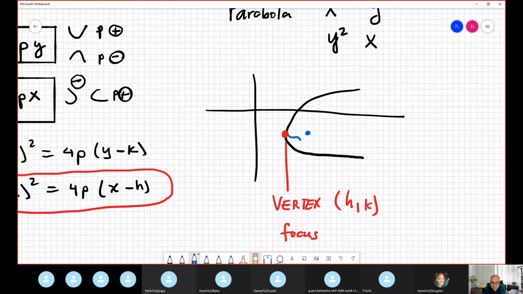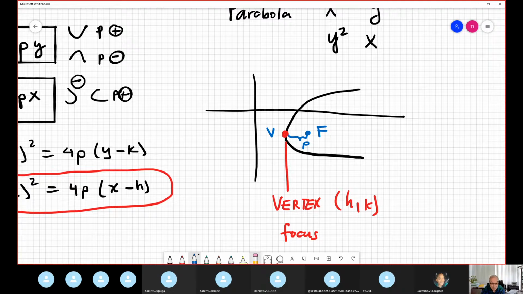And that distance is p. That's it. So we're using the same components, h, k, but in this case, because it's a horizontal parabola, you translate a little bit to the right, p units, and you locate the focus. This is the focus, capital F. This is capital V, vertex.